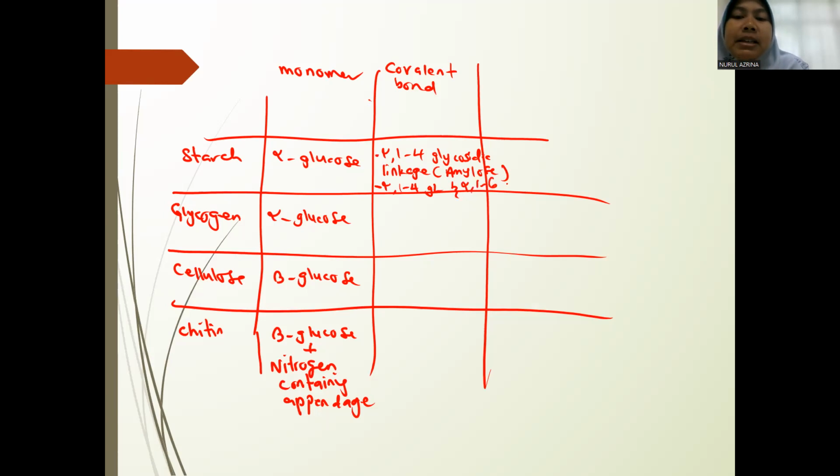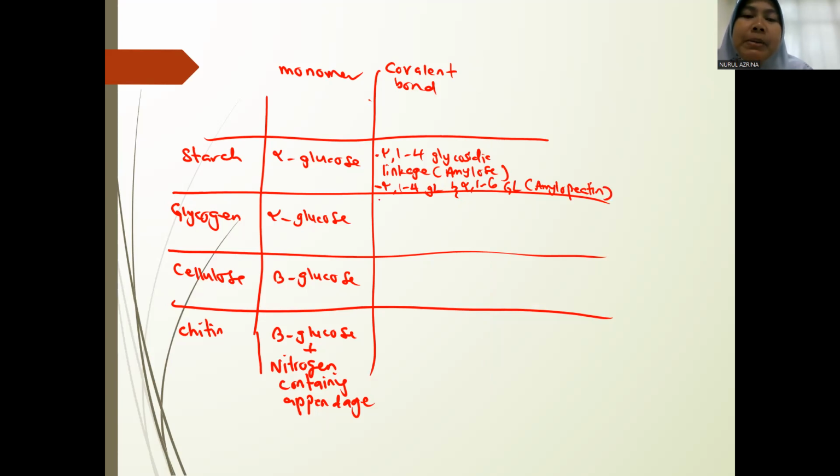Kan tulis penuh glycosidic linkage tu. This is for amylopectin. Okay, right.